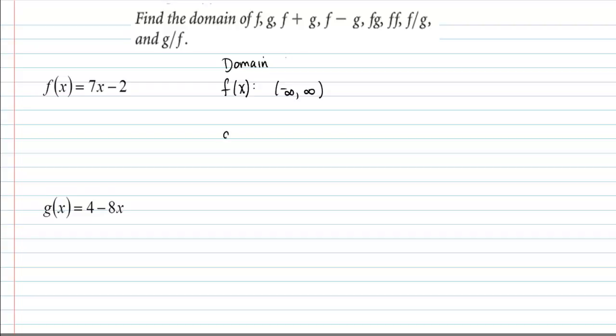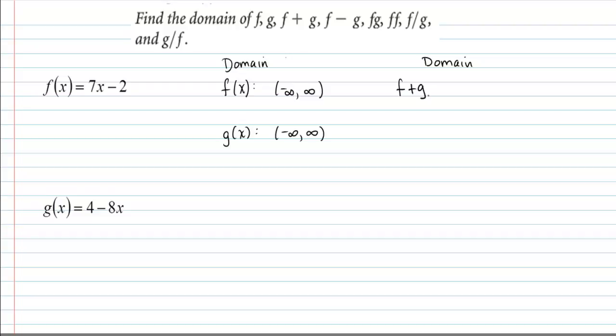Same thing with g of x. I notice that the variable is not located underneath the square root or located in the denominator of the function. Therefore, its domain is also all real numbers or from negative infinity to infinity. When it comes to finding the domain of the sum, difference, or product of two functions, then we're looking for the overlap of the two domains.